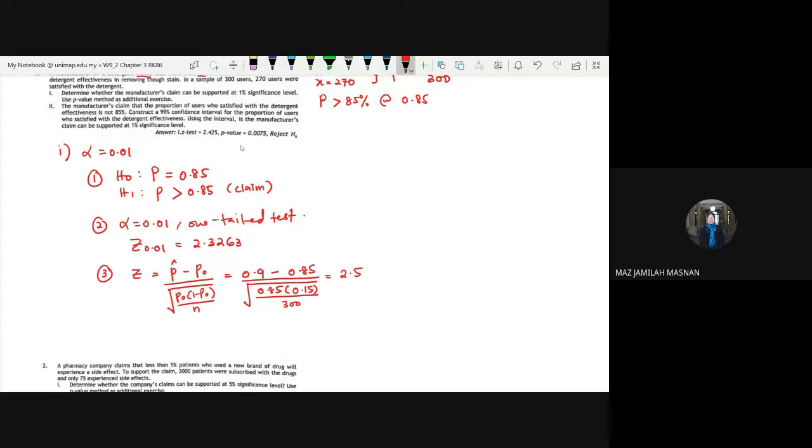Almost the same, let's say just the same. A bit different, did anyone calculate and get a different answer from mine? 0.9 minus 0.85 divided by the square root of 0.85 multiplied by 0.15 divided by 300.